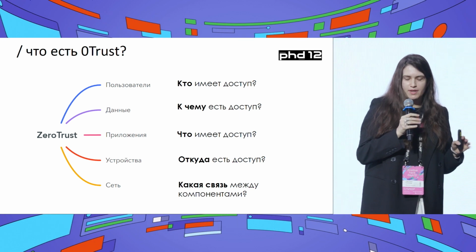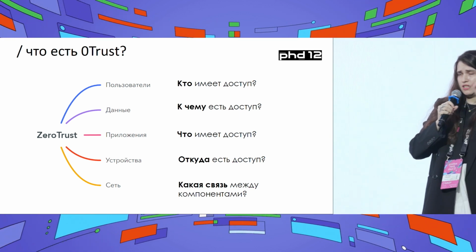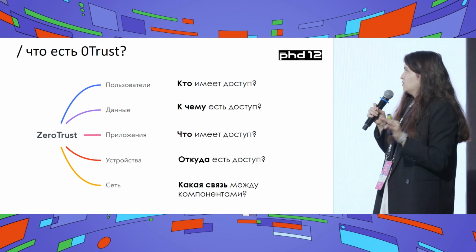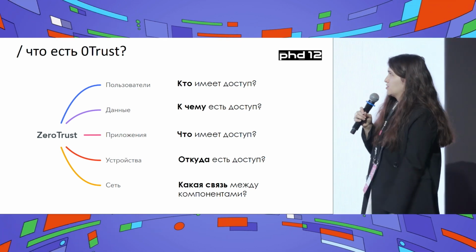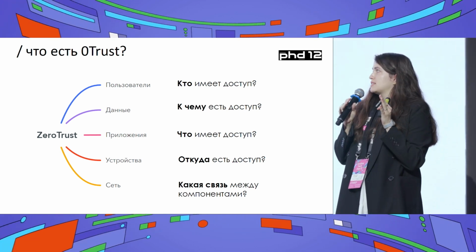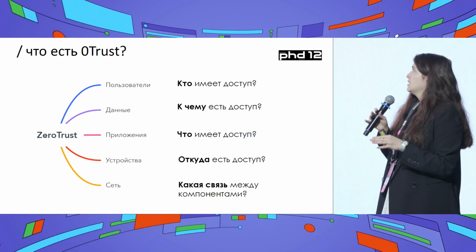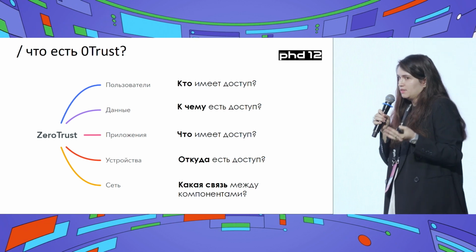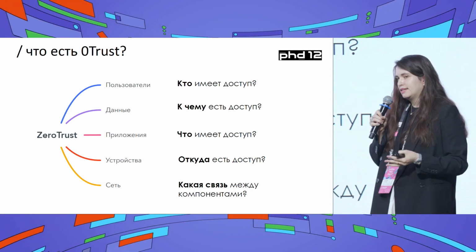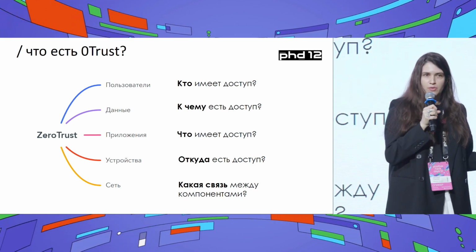Okay, what is Zero Trust in very simple terms? I guess you've seen all those huge mind maps, but I formulated this in these five sentences. We've got to know who has access to data. We've got to know to which data anyone has access.